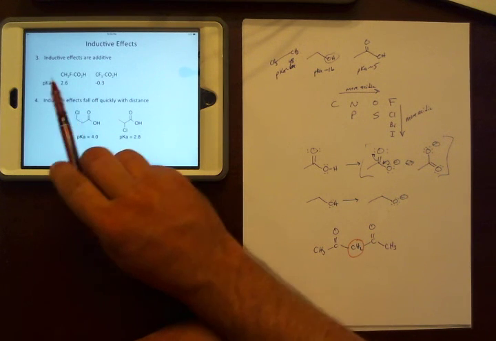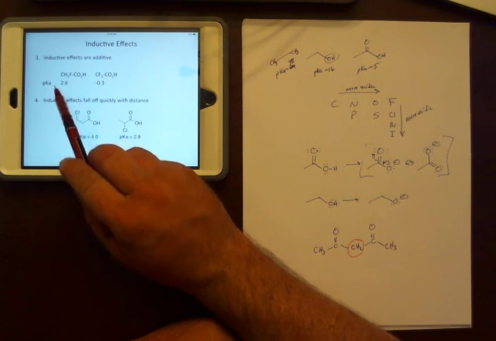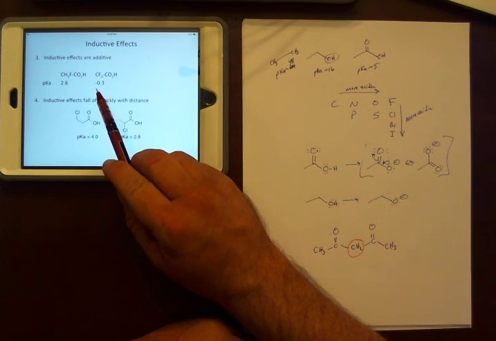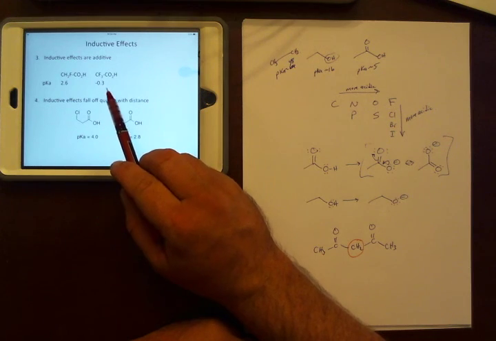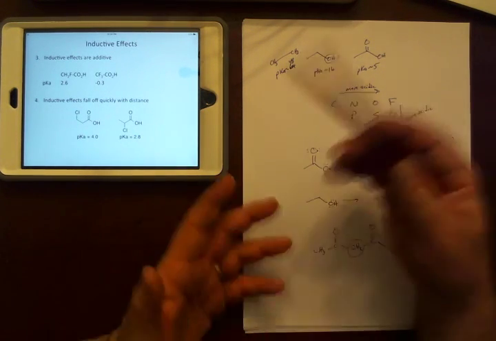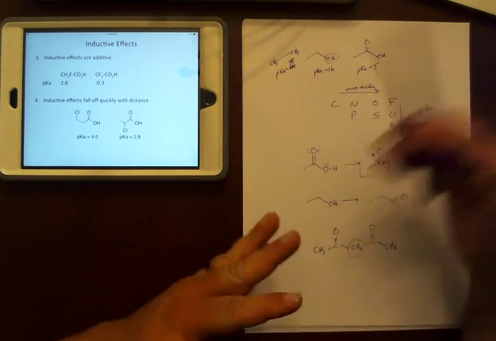They are additive, so if you have monofluoroacetic acid, the pKa is 2.6, but trifluoroacetic acid has a pKa of negative 0.3. So the more you get in there, the more it's going to be. It's not a one-to-one thing, but it is qualitatively additive.